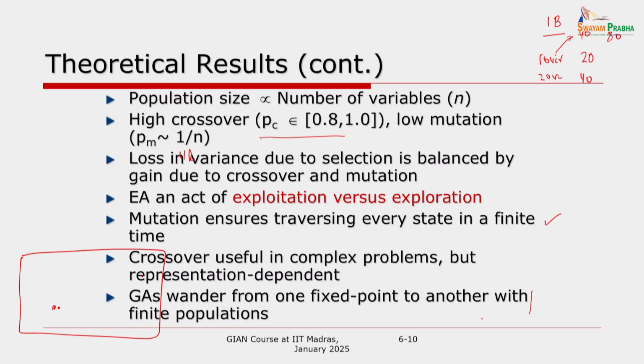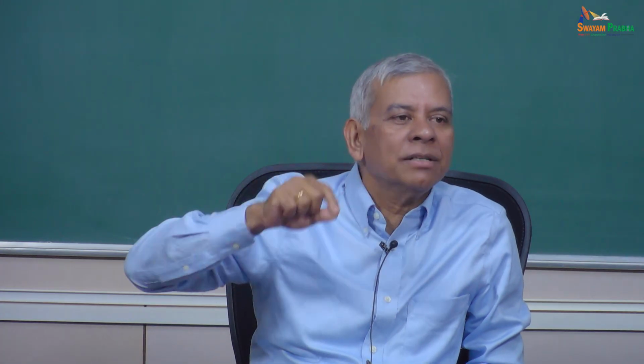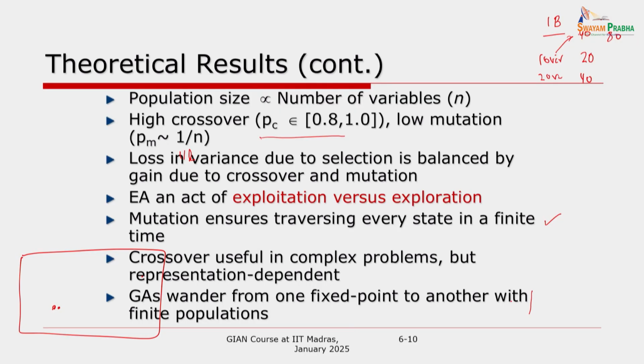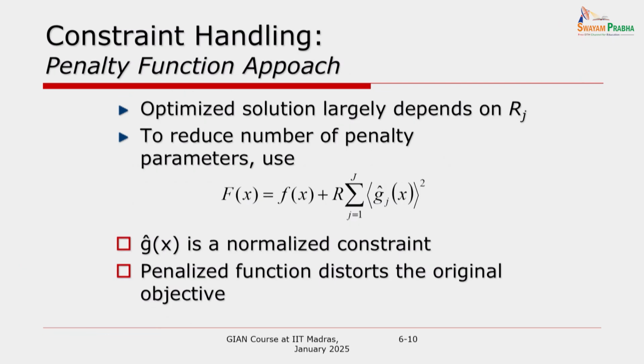But when you do a finite population, you are making an approximation to the infinite population, and that creates lots of artificial fixed points. So when you run a GA, it can get stuck in one of those artificial fixed points. That's why if you run a GA several times, you may see that your population is getting stuck at various different fixed points. But we have quite a bit of understanding from all these different kinds of theories. That's all I'm going to say about theory.